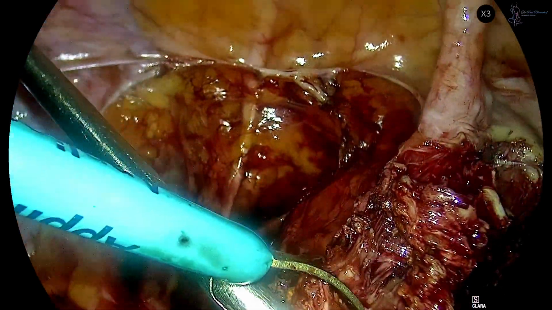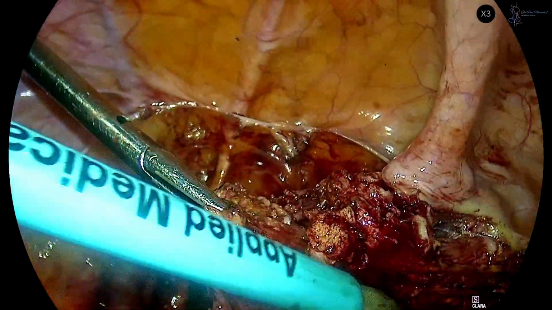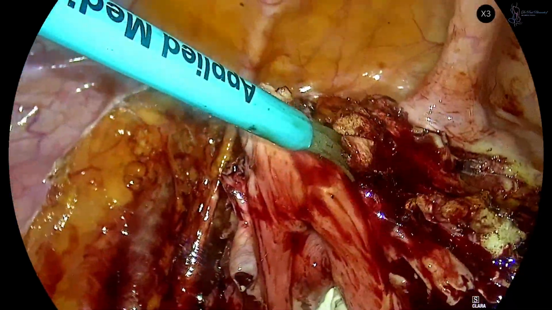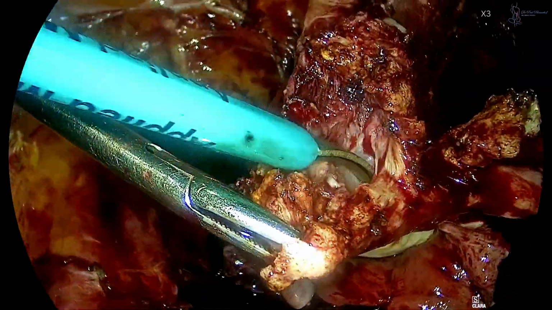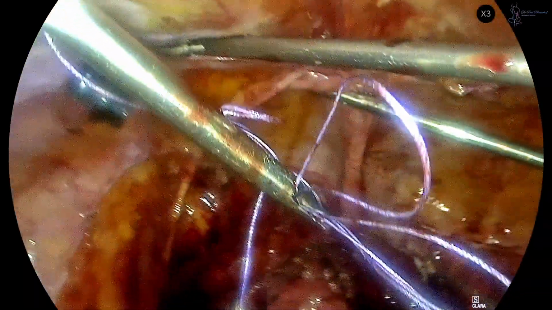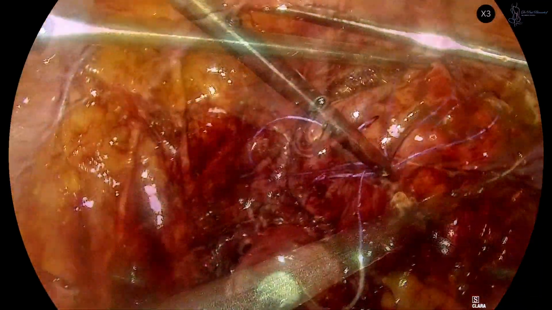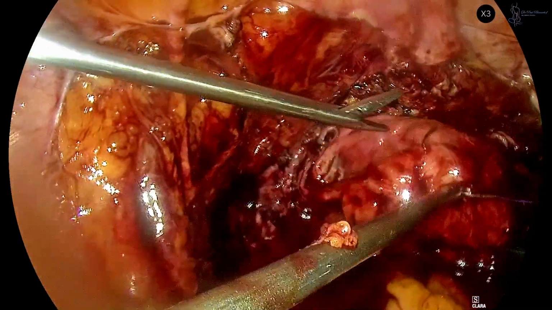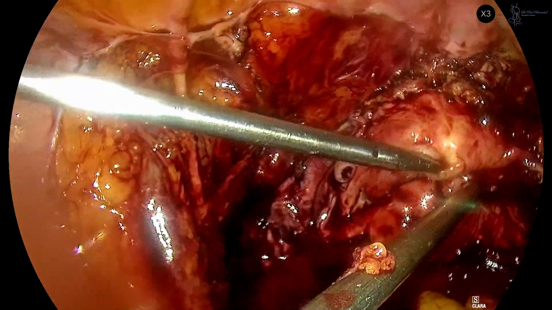Further downward dissection of the bladder. Introduction of the Vicryl suture through the working port, using the backloading method. Suturing of the vaginal cuff was initiated to close the colpotomy incision.